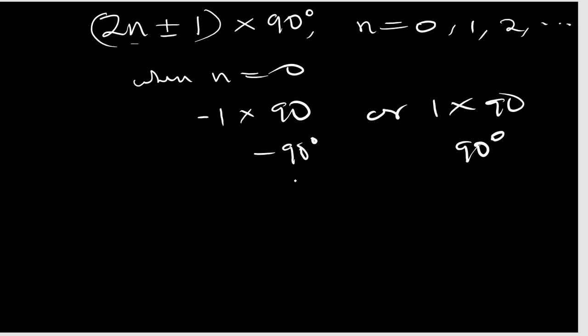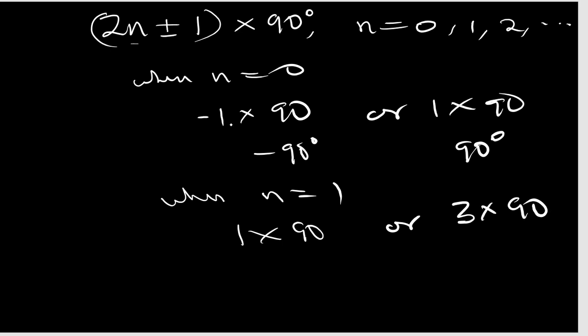When n is equal to 1, we are going to get either 3 times 90 degrees. Sorry, when it's minus, let's do the minus on the left side first. When n is equal to 1, we'll have 1 times 90 or 3 times 90. That's plus or minus. And all these are what will give us odd multiples.